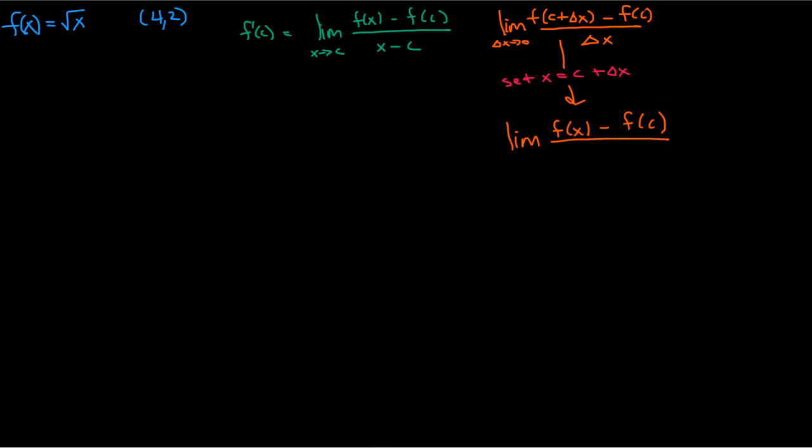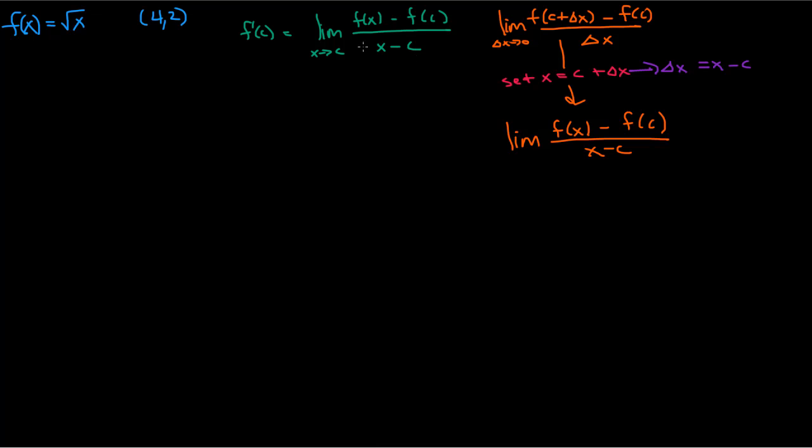Here, I'll show you real fast. This implies that delta x equals x minus c. So on the bottom, x minus c. Now, what happens if we take the limit as delta x goes to 0? That's the same thing as taking the limit as x goes to c.